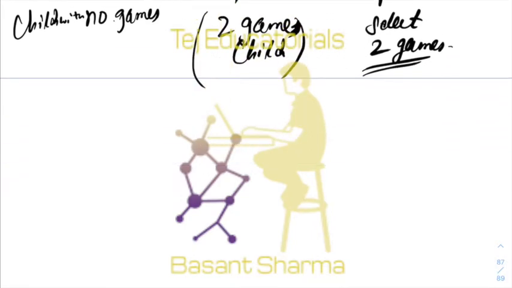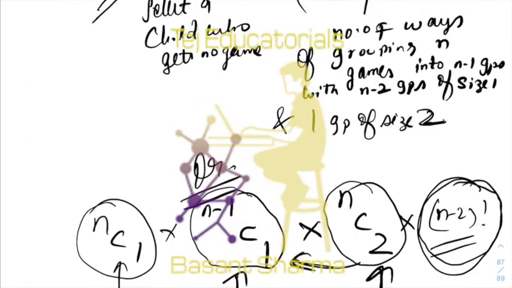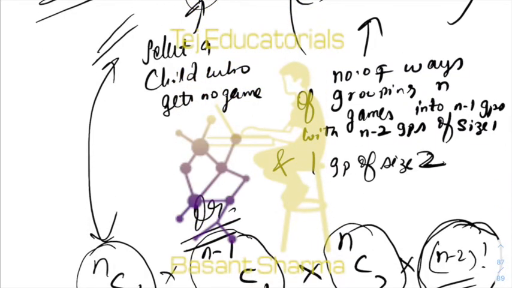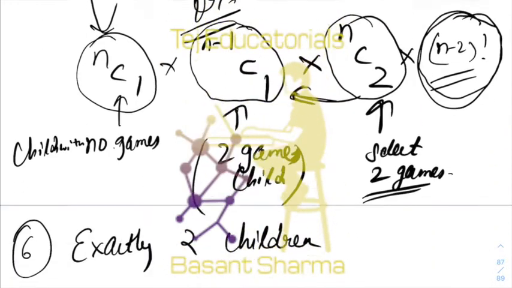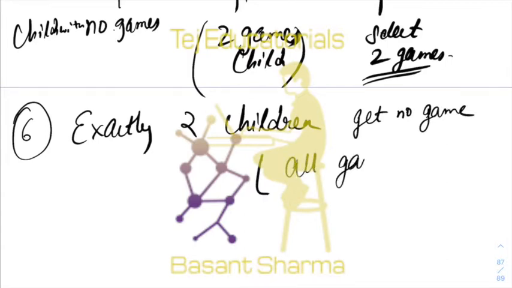Now similarly you can do something like this. Exactly 2 children. See, both of these answers will obviously be same, this one and this one. That's quite obvious. They are just 2 different methods. Exactly 2 children get no game. All games distributed.